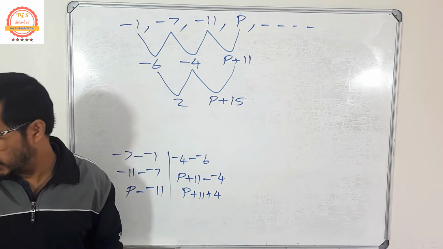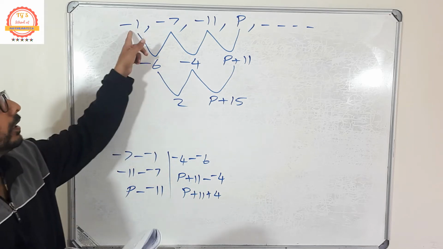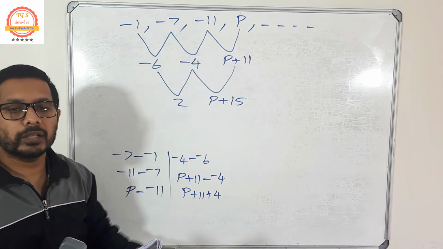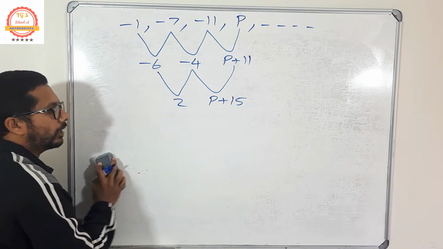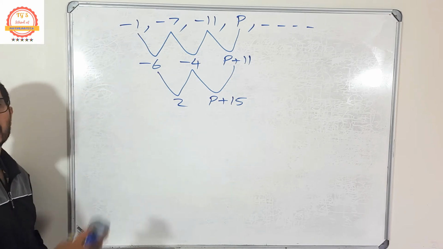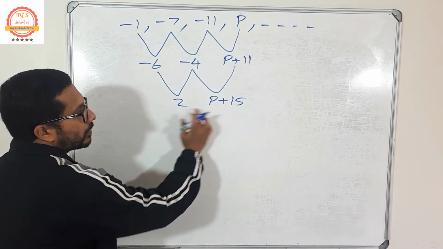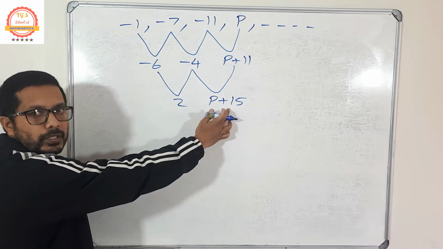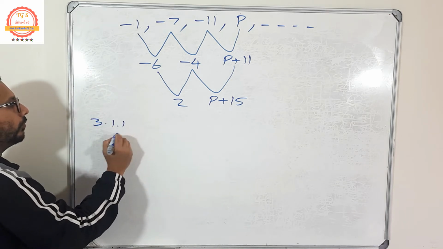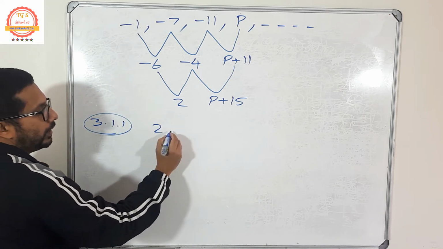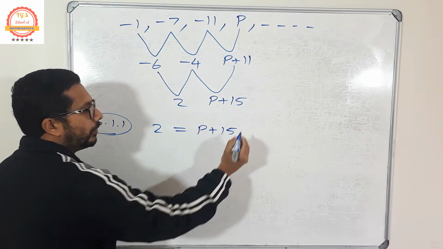And what did you study in class? It is given in the question that this is a quadratic sequence, and in a quadratic sequence the second differences are equal. So these two are equal. How can you write 3.1.1? Second differences are equal, that means 2 is equal to p plus 15.